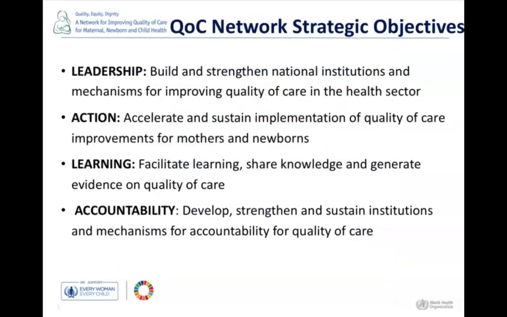To translate this conceptual framework into practice, we as a network have articulated 4 strategic objectives. Those are leadership, action, learning, and accountability. Next slide, please.